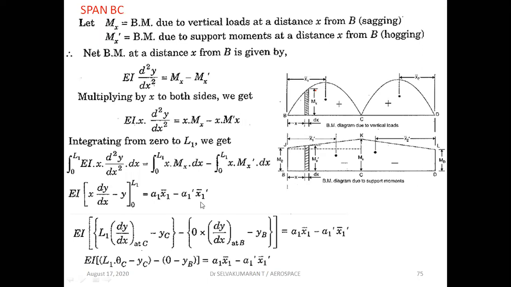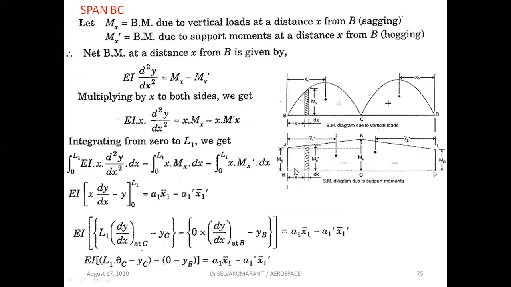So A1 dash is the area of this bending moment diagram due to support moments on span BC, with length L1. X1 bar dash is the CG distance of this area on span BC from the left hand B. So for both the cases, the reference point is B. It should be the same even when you solve the problems.